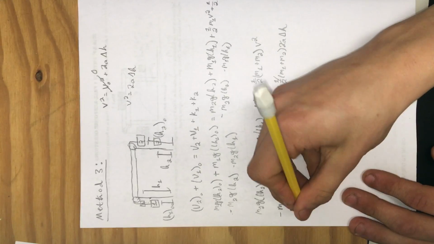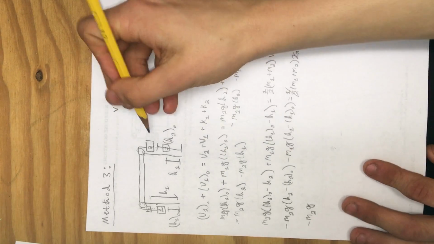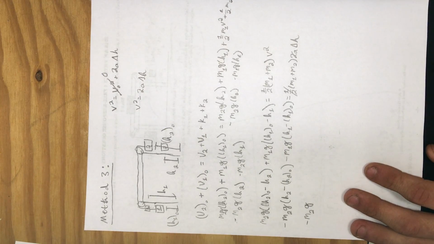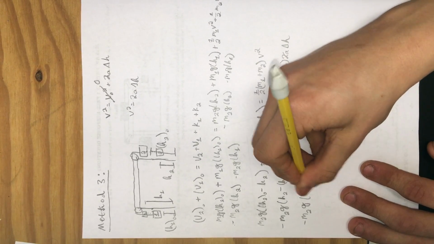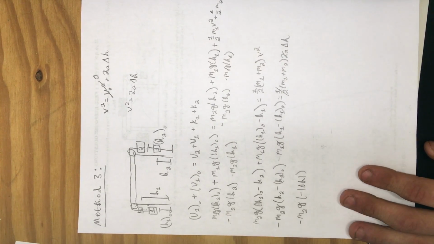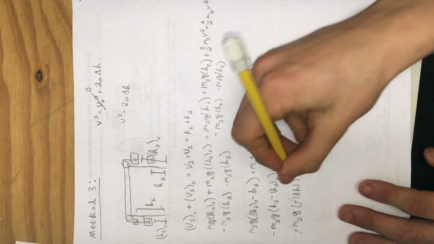Now come back over to this side, we have negative m2g, and now since this one goes down, its value for delta h is going to be negative. So I'm going to write a negative quantity delta h, because it's going downwards. So these negatives will cancel out.